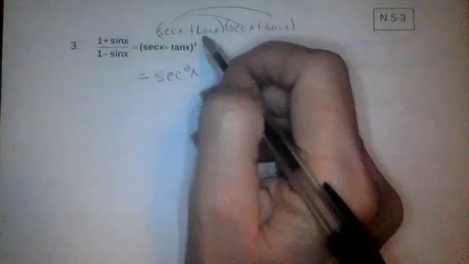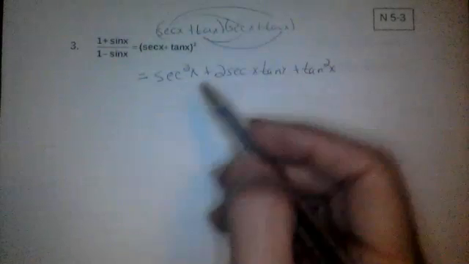So secant times secant would be secant squared x. Then we have a secant tangent on the inside and the outside, so we have 2 secant x tangent x. And then tangent times tangent is going to be plus tangent squared x. All right, so let's see what we can do with that.